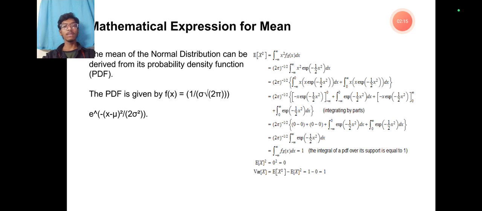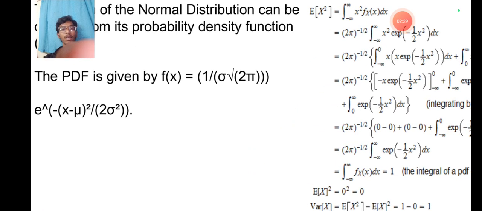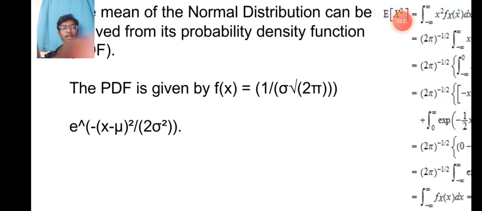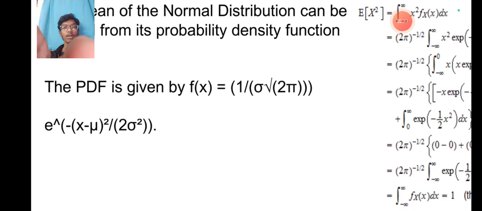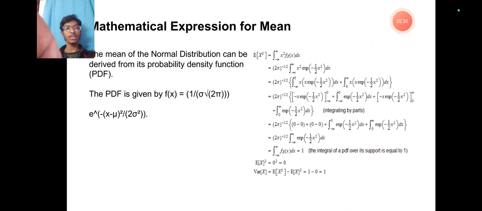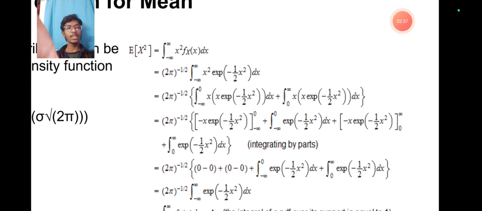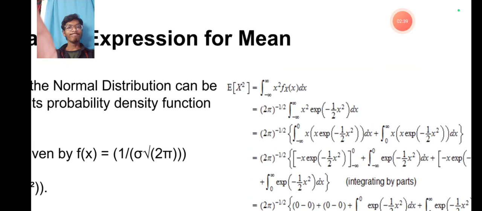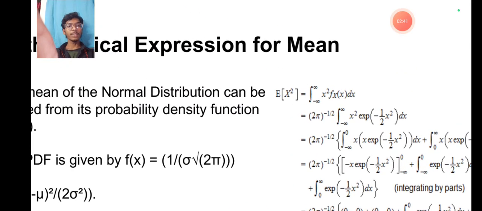The PDF is given by f(x) = 1/(sigma root 2 pi) e^(-(x - mu)^2 / (2 sigma^2)). Here mu is the mean and sigma is the standard deviation. This is a small example of the mathematical expression for the mean.